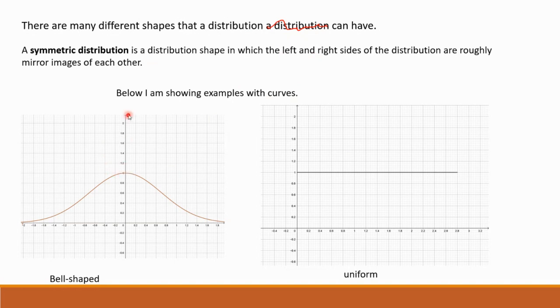Or again, if you imagine whatever the center is and you fold along the center, both halves would match up. So this is actually one that's symmetric. Here's another one that's actually symmetric. I'm not sure what the center of this thing would be. Here it looks like the center would be the y-axis. If we fold it along the y-axis, these two curves would match up.